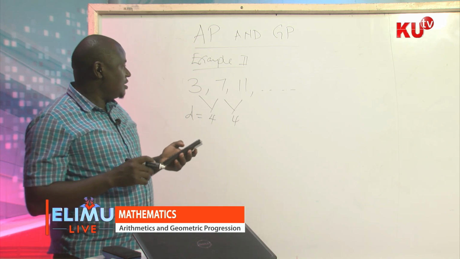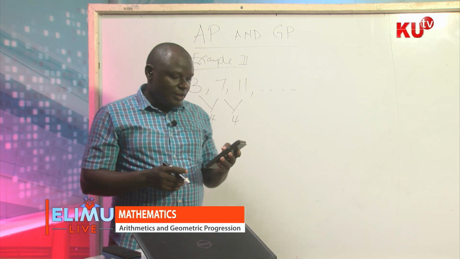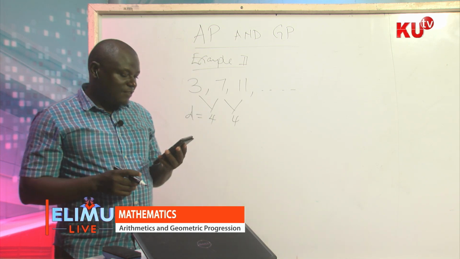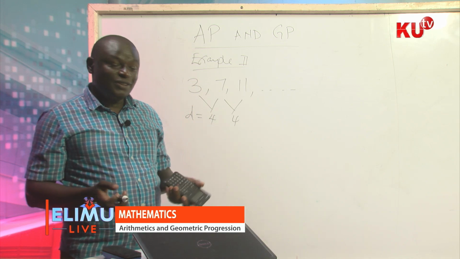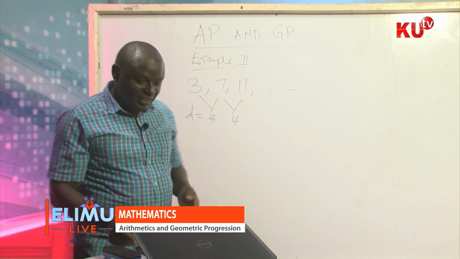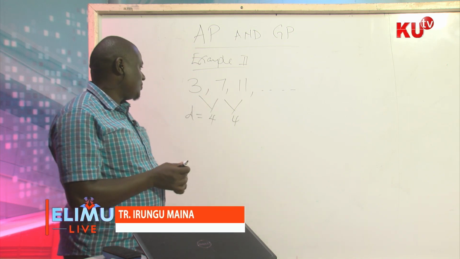I want to see whether it's the same. 11 divided by 7 is 1.57. So that is not a common ratio. So automatically, our problem is an AP.